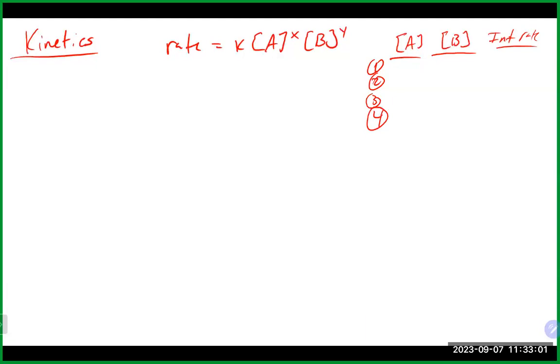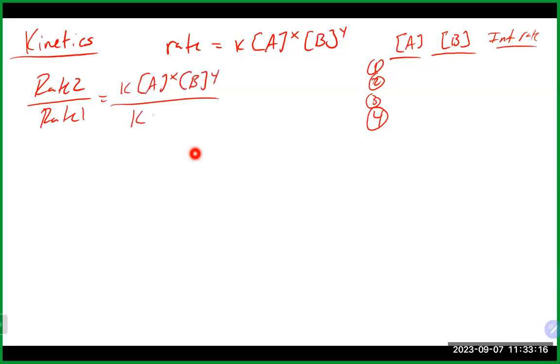And what we want to do is use the equation that we talked about, which is rate 2 over rate 1 is equal to k times [A] to the x and [B] to the y, over k times [A] to the x and [B] to the y. So once again, when we analyze this table, we want to choose a couple of entries where one of the concentrations remains constant and the other one varies.